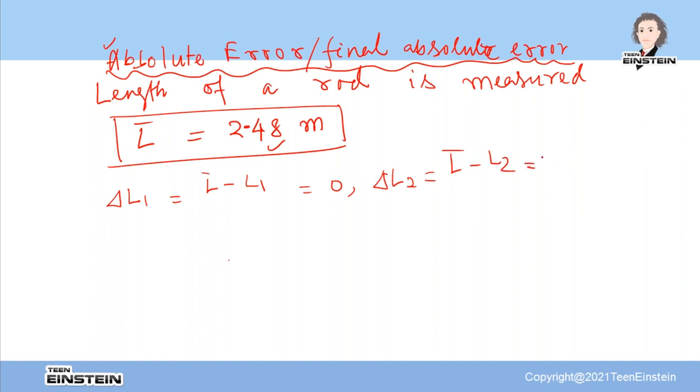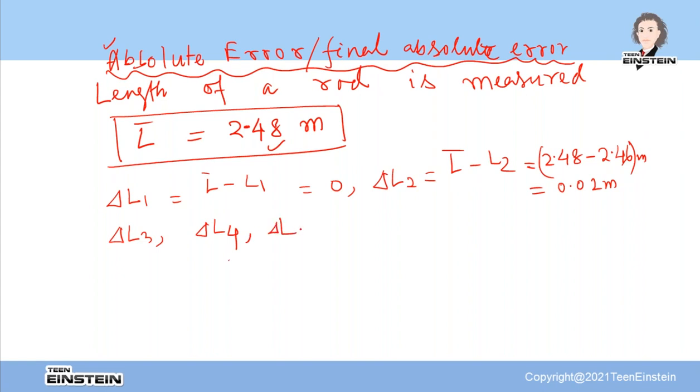This means you get 2.48 minus 2.46, so you will get 0.02 meter. Like that you have to find out for all of them.